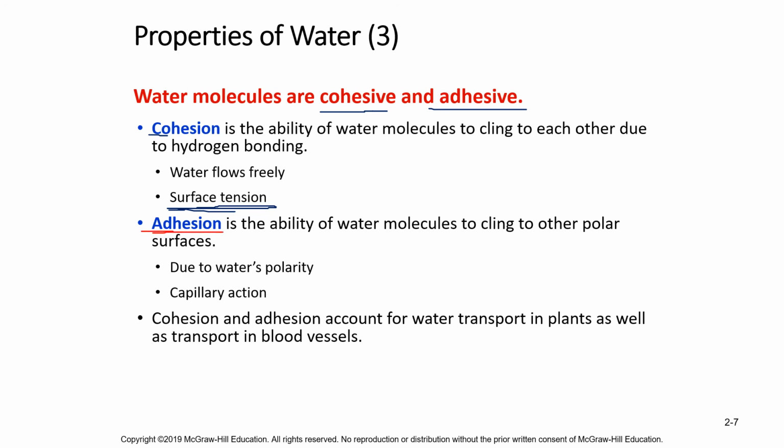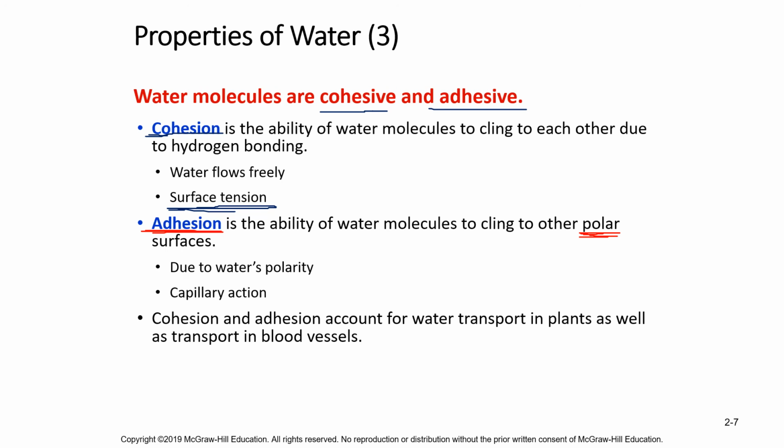Ad means to or toward, and it's water's ability to cling to something else that is polar. So cohesion is water sticking to itself. Adhesion is water sticking to something else that's polar.